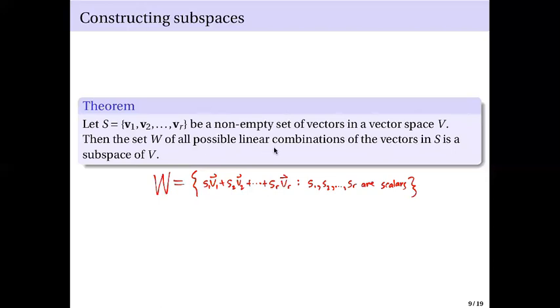All possible linear combinations of vectors. S1, S2 until SR can be zero. So that's a possible linear combination: 0 V1 plus 0 V2 plus until 0 VR. And that's just your zero vector.